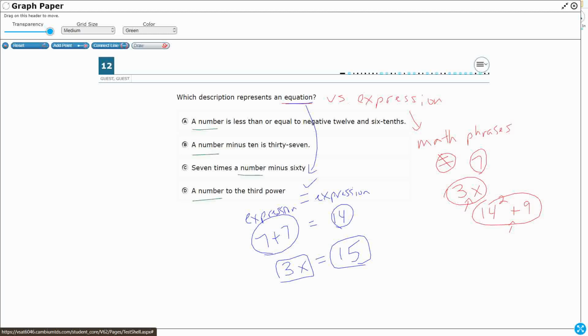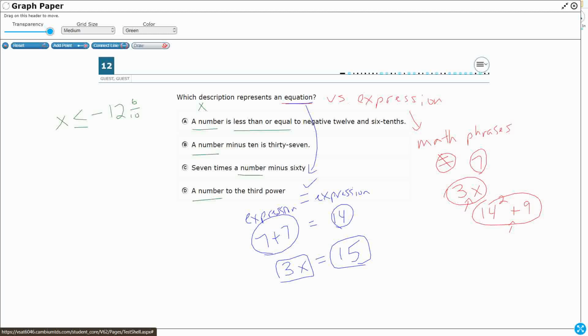We're going to use that again and again. I'm just going to use x. So a number is less than or equal to, so we use this right here, negative 12 and 6/10. I can write it as a mixed number. I can write it as a decimal if I want to.